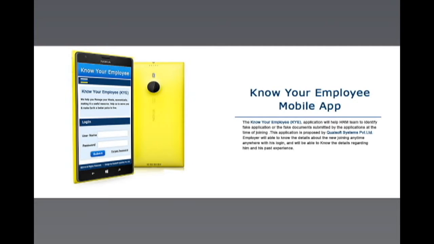Company subcategory, for example, Indian non-government company. 7. Class of company, public or private. 8. Authorized capital. 9. Paid up capital, in rupees. 10. Date of incorporation. 11. Address details. This is how a company will get registered with the Know Your Employee application.